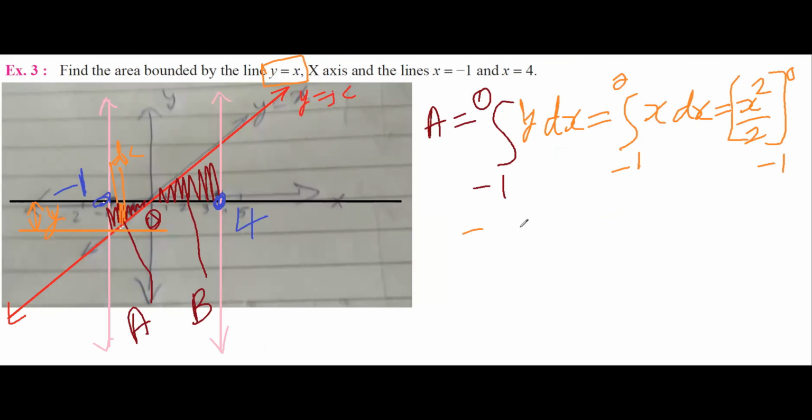So 1 by 2 taken out, 0 square minus (-1) whole square, that is nothing but 1 by 2 in magnitude. This is your A.